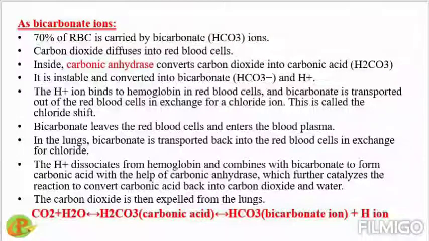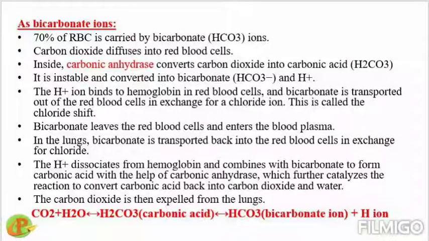In the lungs, again the chloride ions present in the RBC are coming out to the plasma, and from the plasma the bicarbonate ions are entering into the RBC. That bicarbonate ion now again forms the carbon dioxide with the presence of enzyme carbonic anhydrase. Students, remember that carbonic anhydrase has a dual property.